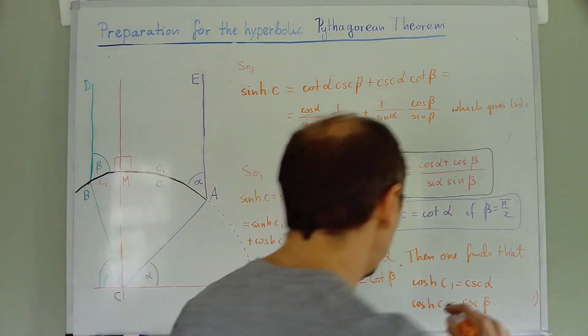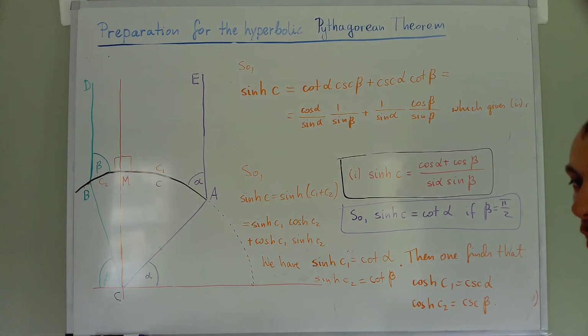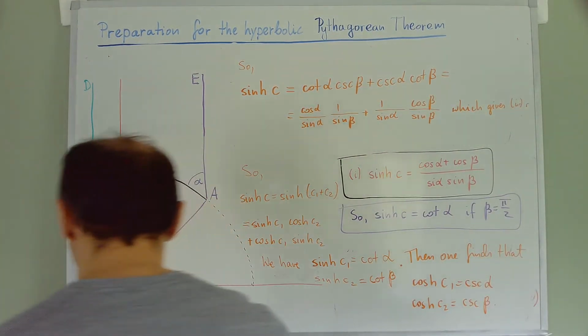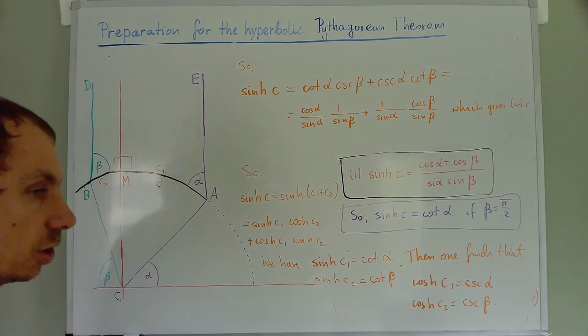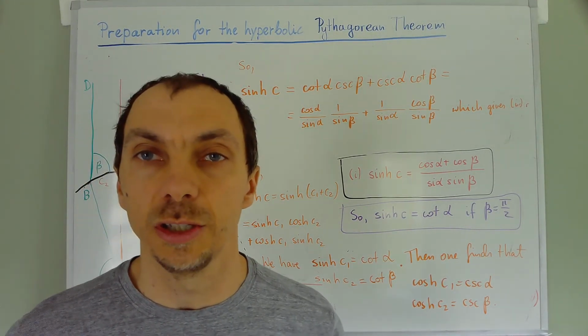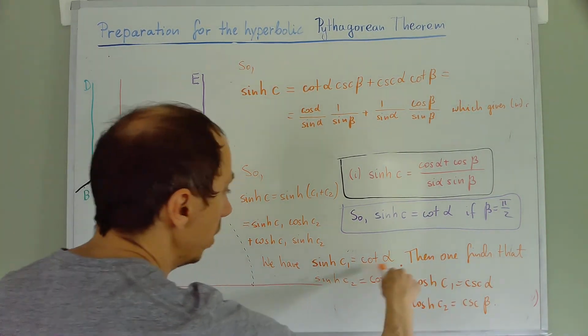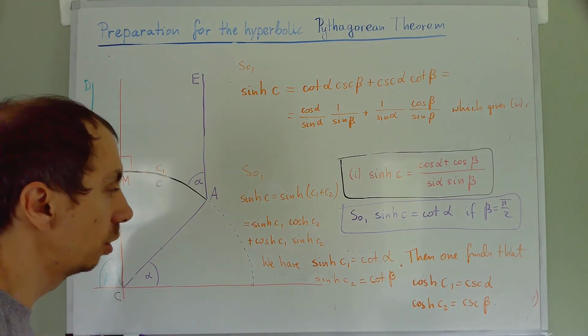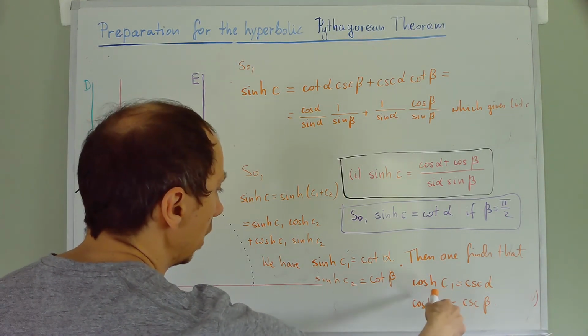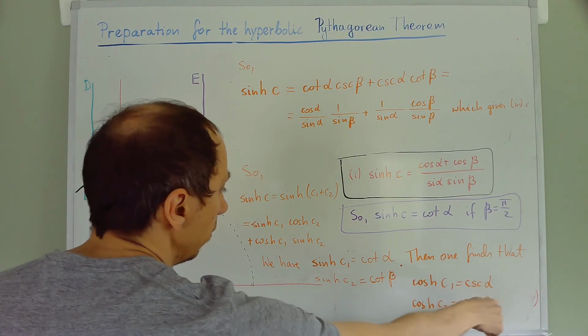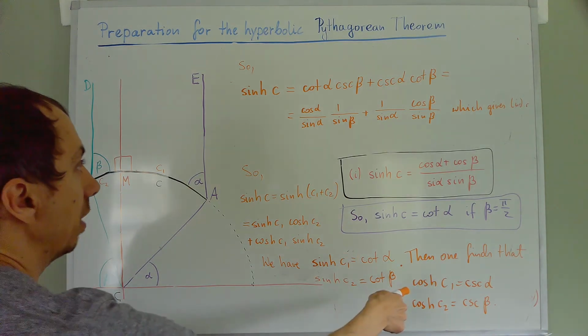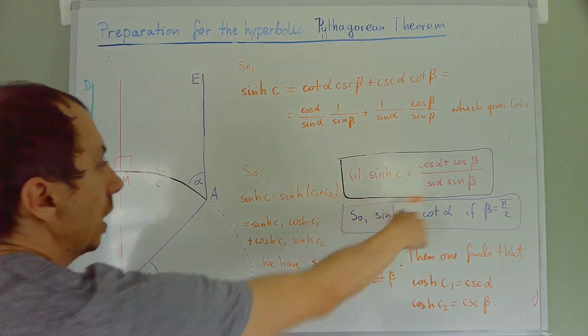How do I get the cosh C1 and cosh C2? Again, that's the relationship that cosh squared minus sinh squared is equal to 1, so you can compute the cosh once you have the sinh. I'm not doing the calculation here, but it's cosecant alpha and cosecant beta. So once you have that, you just plug it into the formula and you get this general formula.